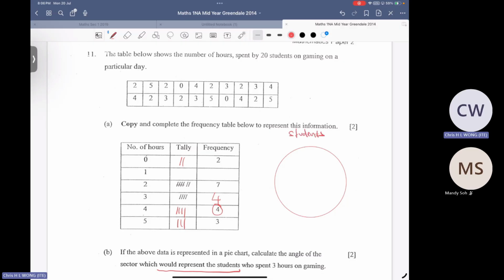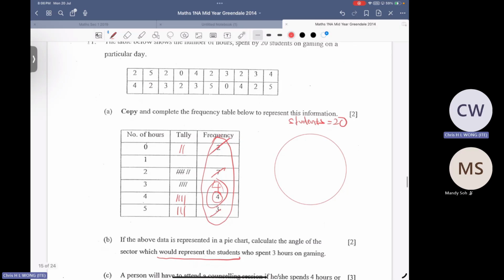How many students are there? Total 20. You add all these up, it should give you 20. Let's count: 7, 10, 18, 20. So correct. You must get 20.